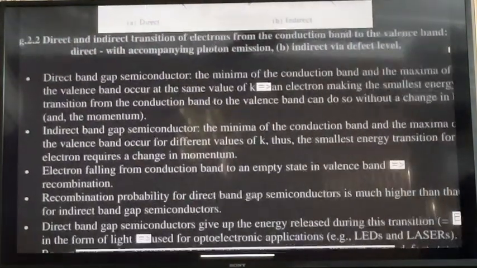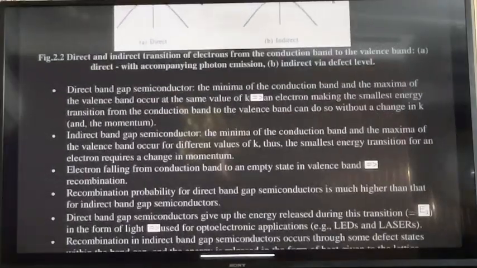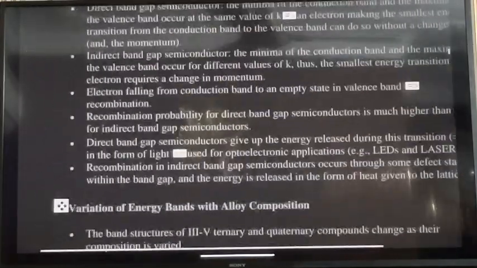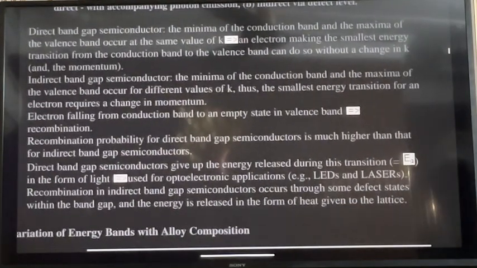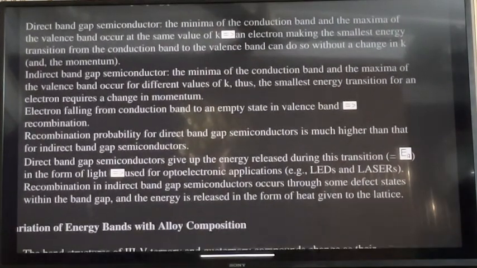In direct band gap semiconductors, the minimum of the conduction band and the maxima of the valence band occur at the same value of k of an electron, making the smallest energy transition from the conduction band to the valence band, and it can do so without a change in k.